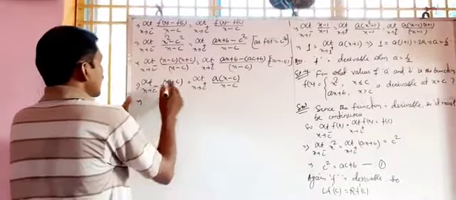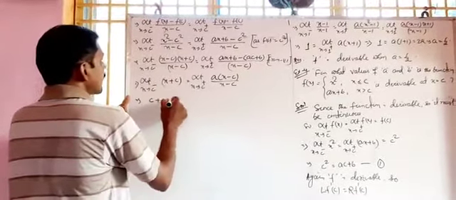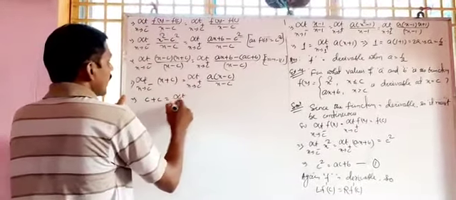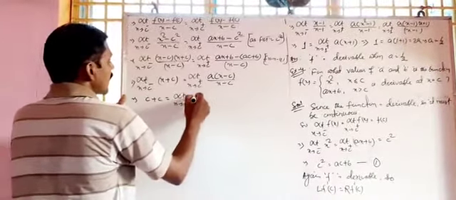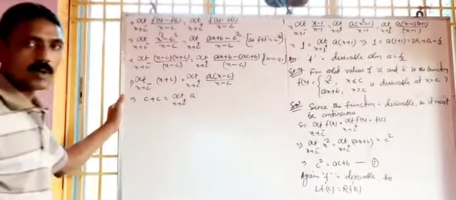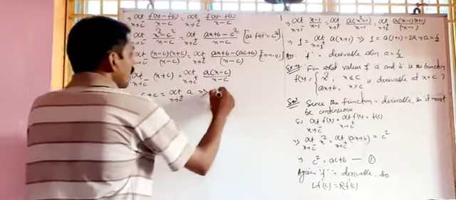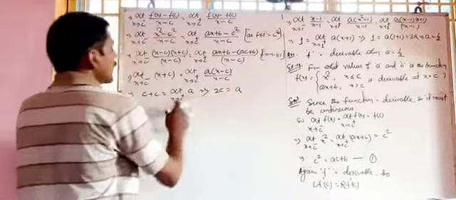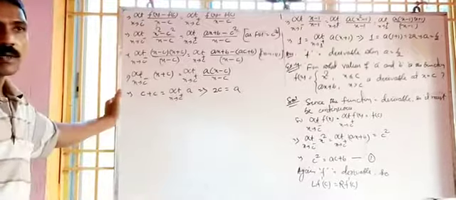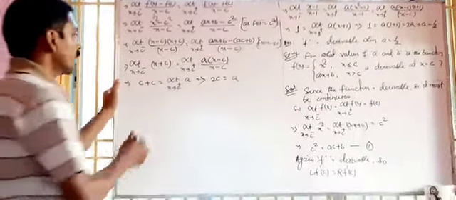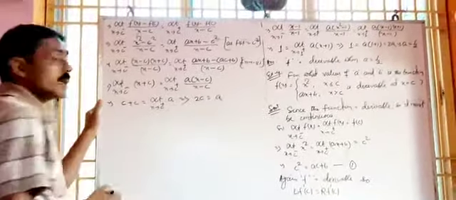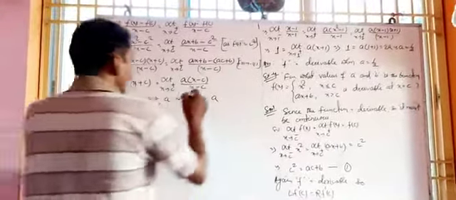This implies c plus c is equal to limit x tends to c plus, it will be a only. So 2c is equal to a, because here no x is there, it is a constant function. So the value of a is 2c. So this is one value.